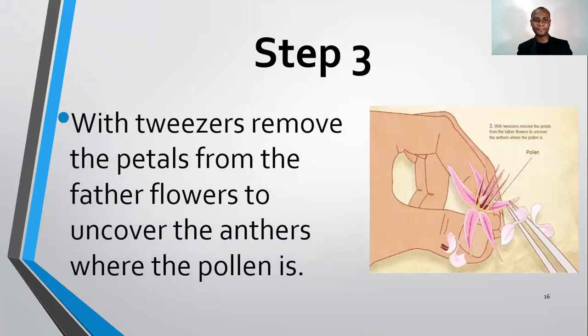Now step number 3, with tweezers you remove the petals from the father flower to uncover the anthers where the pollen is. So the petals are removed, and you see here now the pollen is exposed on the anther. That'll be the next step.